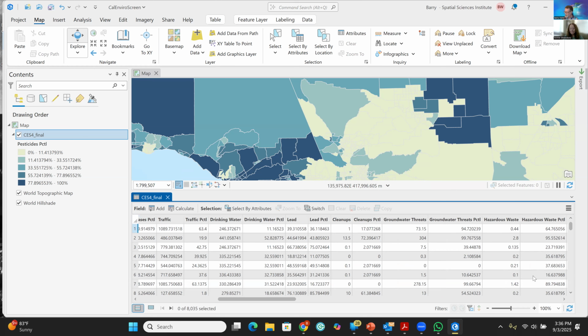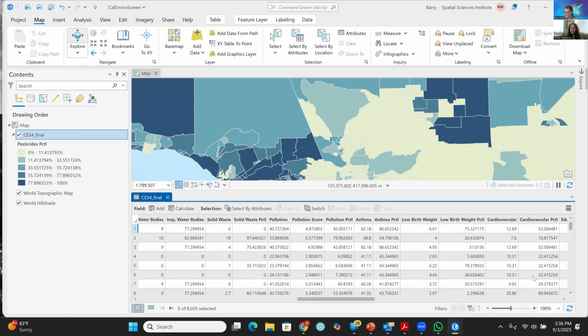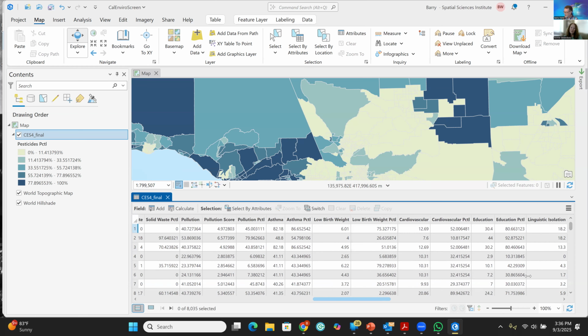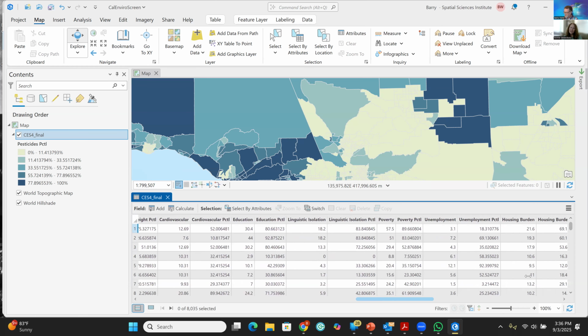So we have hazardous waste, lead levels, asthma, and then we get into the social. Those are exposures, and these others are things that you actually find about the population there. So we have the rate of asthma, low birth weight, cardiovascular issues, percent of seniors, that kind of thing.